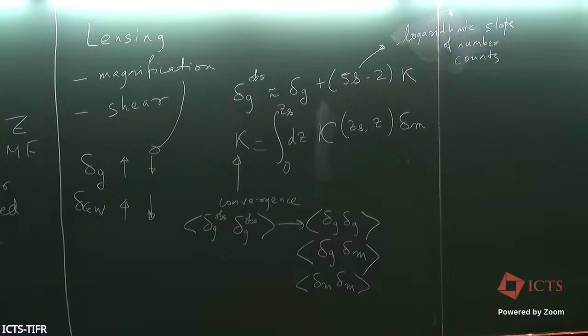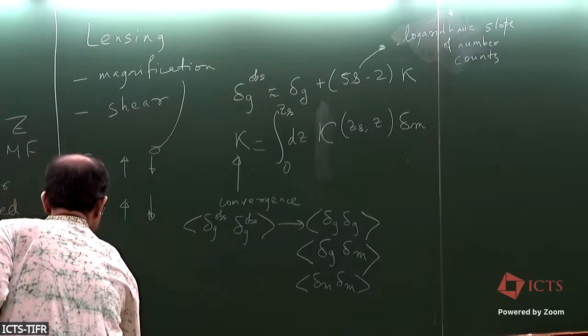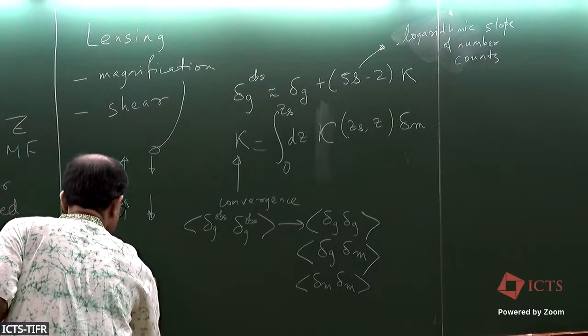Again, this is a qualitative statement, so you have to really do at least some quick calculation to see how it affects the correlation function you are interested in. There is another effect, which is basically smoothing of the power spectrum.